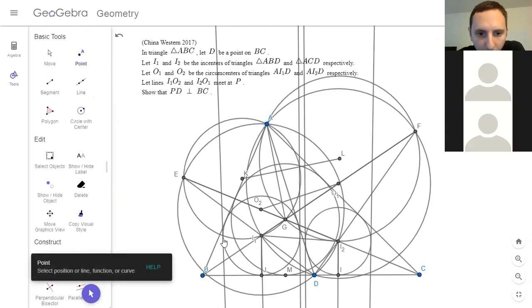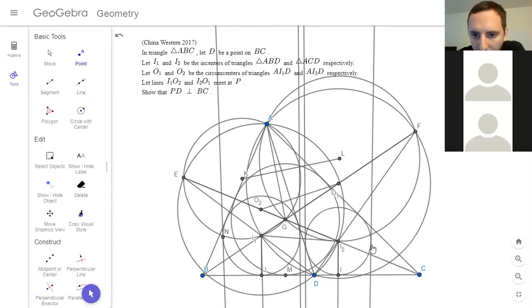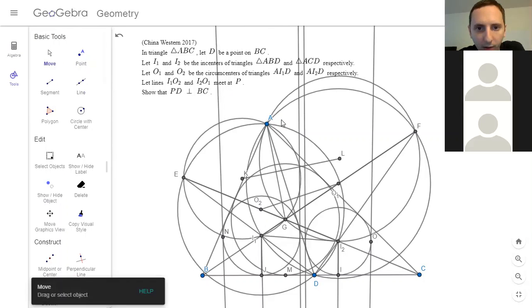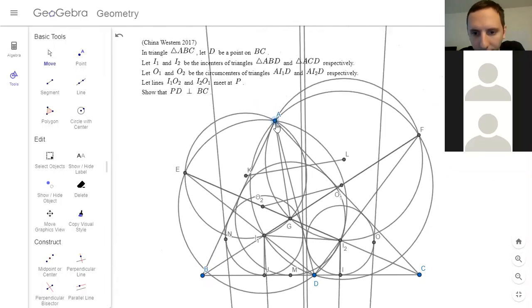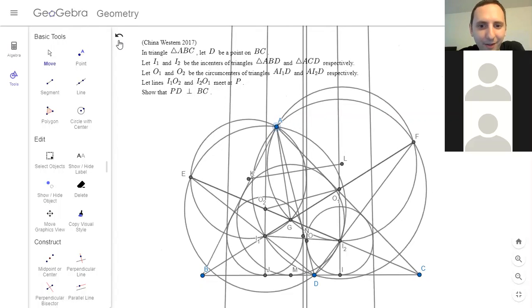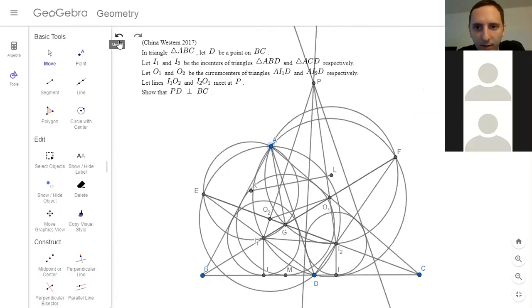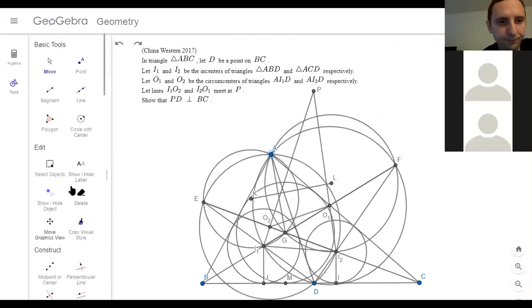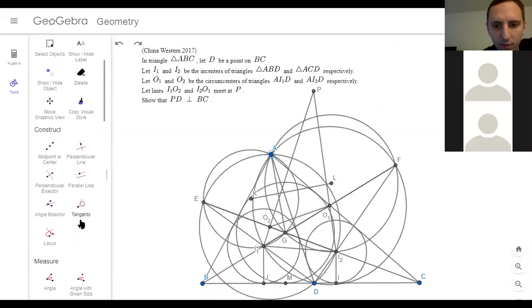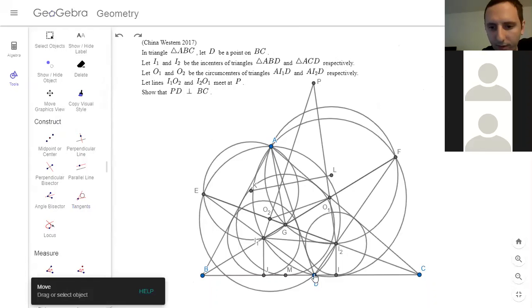Sorry. I'm checking if P lies on the radical axis of these two circles. So I want to see, does PN equal PO? That's so hard to check. Sorry. Does that help? Let me see.